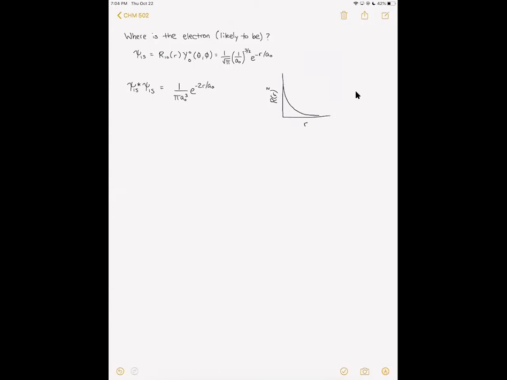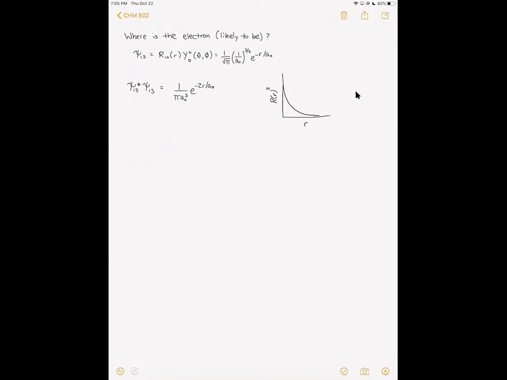From Gen Chem on, we've been told that the electron exists in this diffuse cloud outside of the nucleus. But here, what this is showing us is that we have the highest chance to find our electron at r equals 0, which would be in the center of the nucleus. So that's a little bit strange. And that's because this isn't exactly the best way to go about this problem.